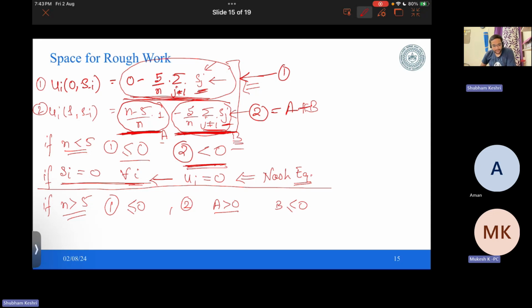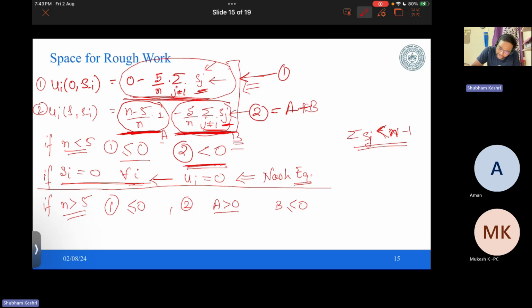Now you see, the summation of S_j can take a maximum value of n minus 1.